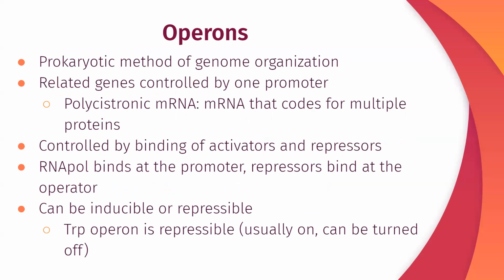So as long as it has a consensus sequence, it counts as sequence specific. A consensus sequence is just a tool that we use. They're very evolutionarily conserved, so they're not necessarily organism specific.